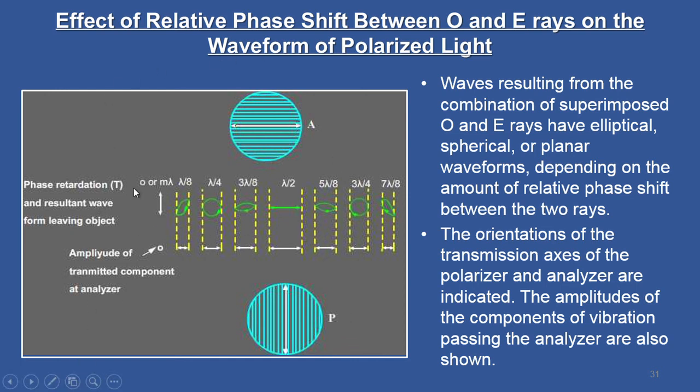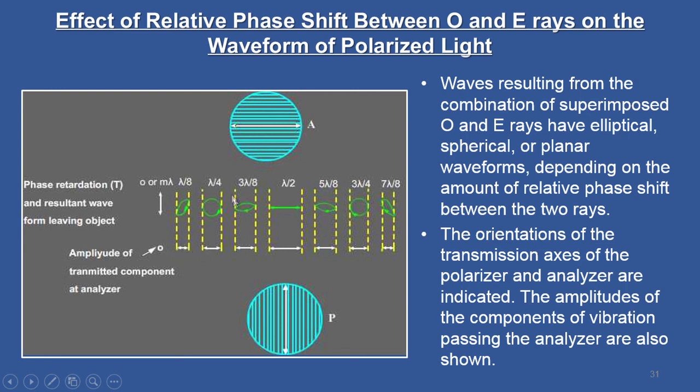So, you look at this, this is the phase retardation and resultant waveform leaving the object, and this is the amplitude of the transmitted component at the analyzer. So, you see that the amount of phase shift, that is lambda by 8, produces this amount of amplitude.